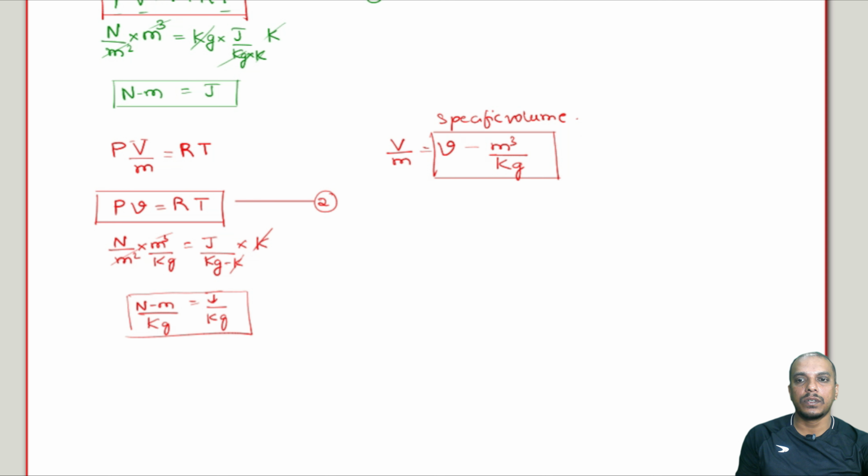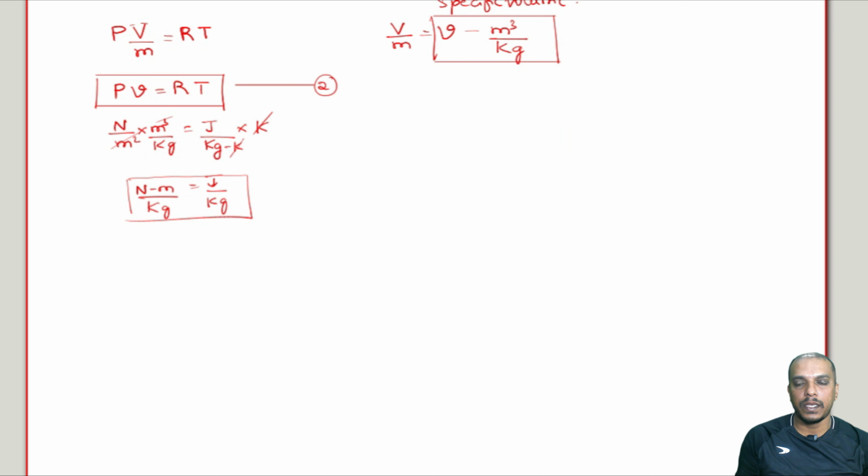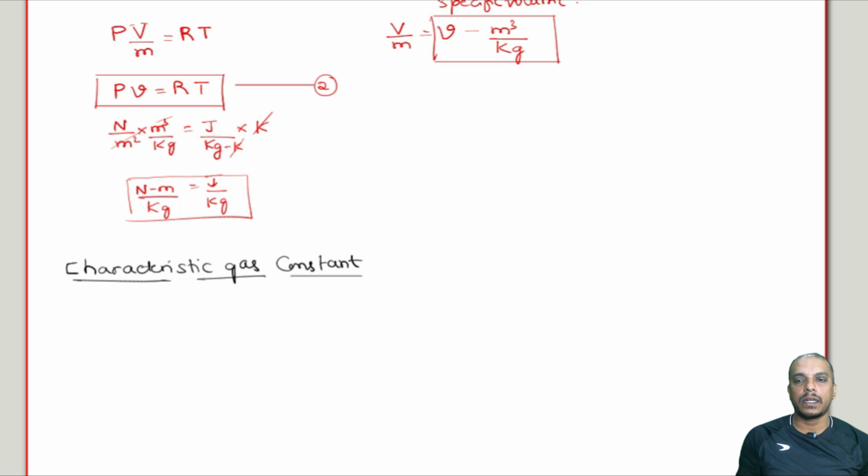Now, the same equation can be further rewritten, but before we move on to the next equation, do we know what is the characteristic gas constant? Let us give a simple definition of the characteristic gas constant. Now, the characteristic gas constant is derived from R bar, which is the universal gas constant, divided by molecular weight. Now, these are all new terms which we will have to define.